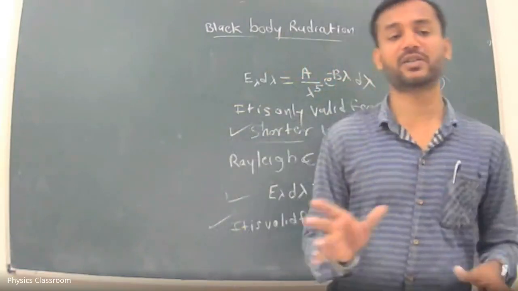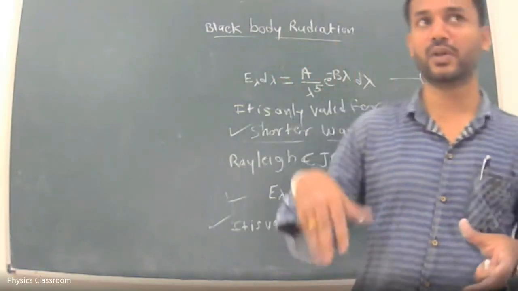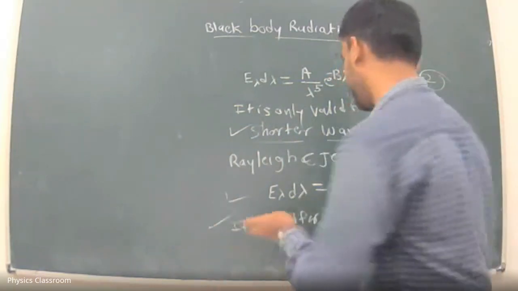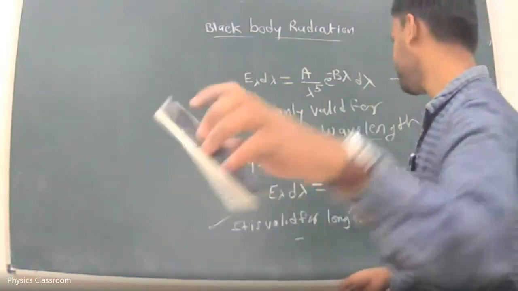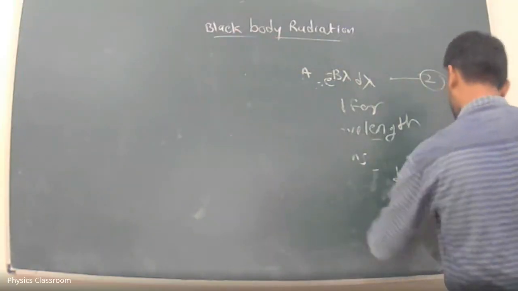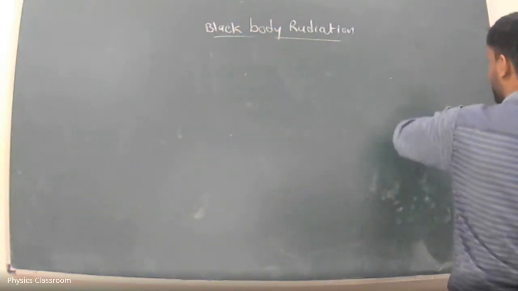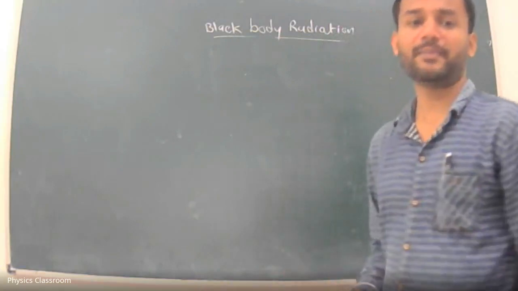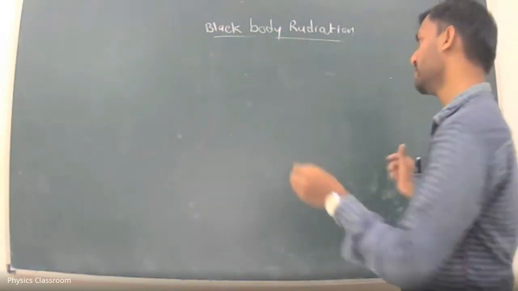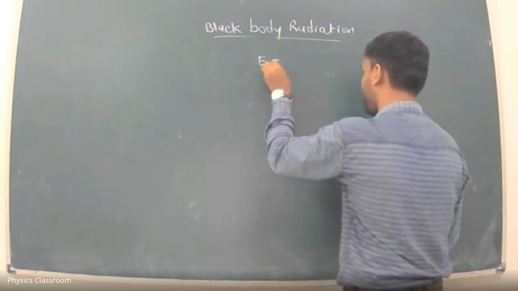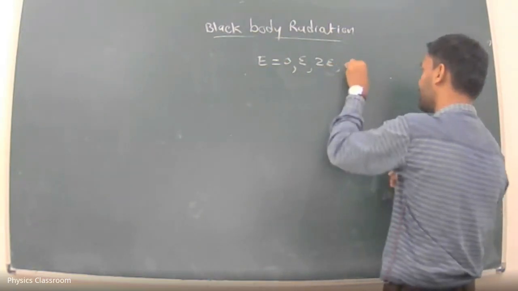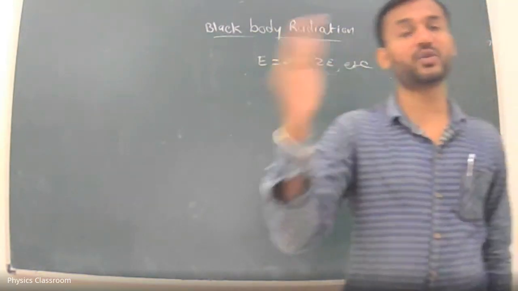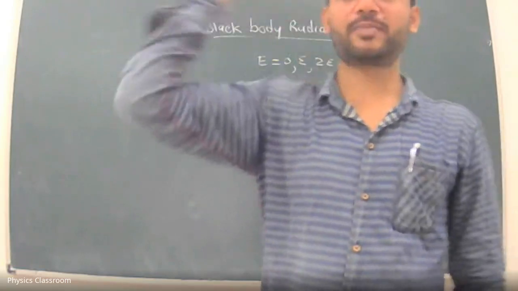That means E is equal to 0, epsilon, 2 epsilon, 3 epsilon, 4 epsilon, and so on up to infinity.